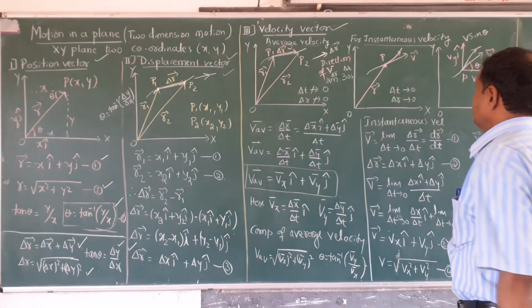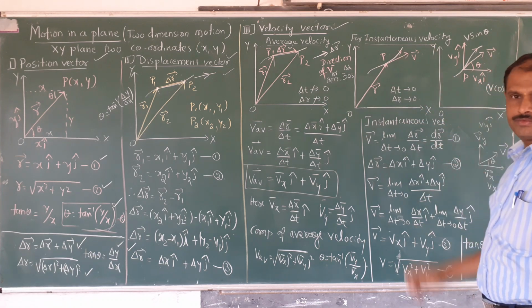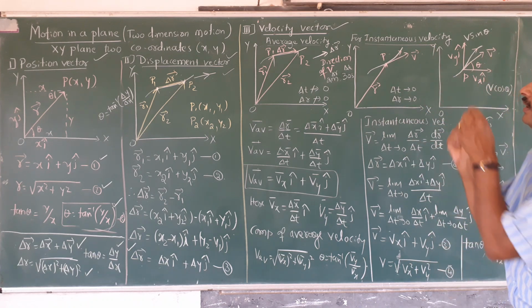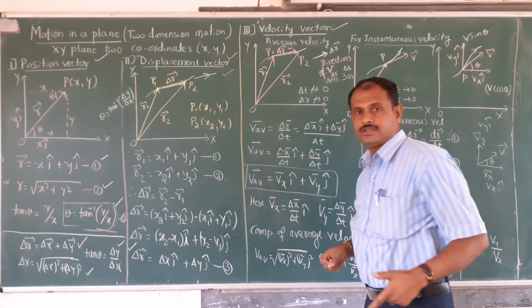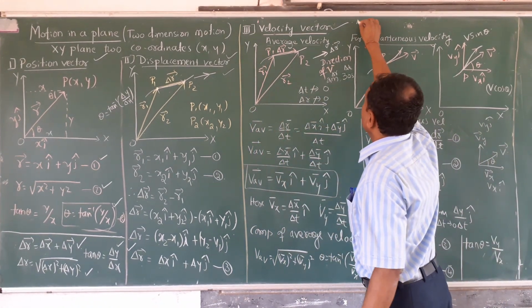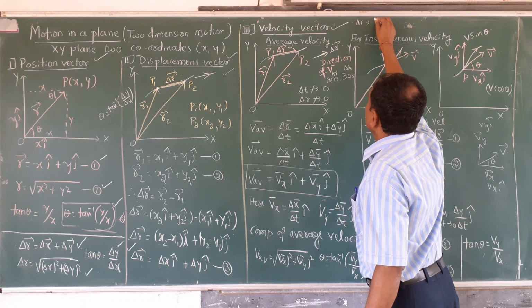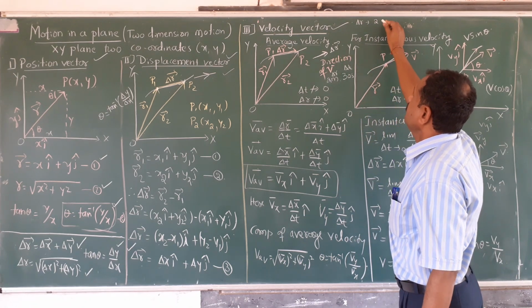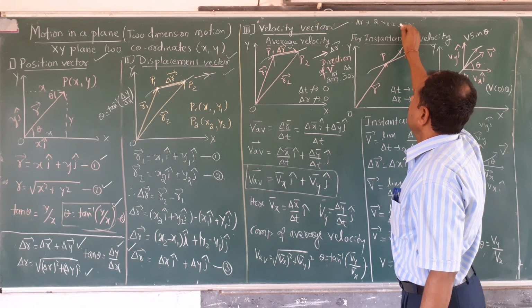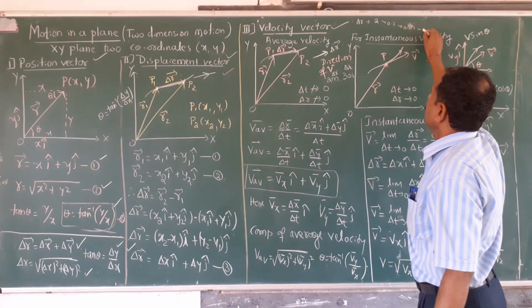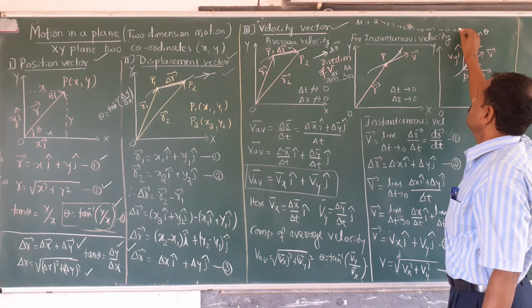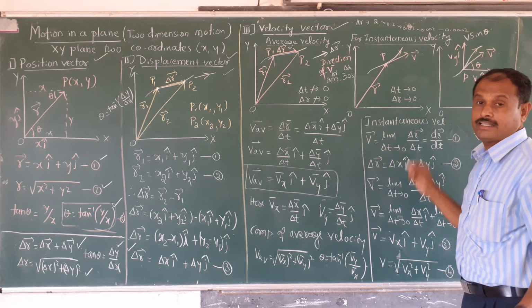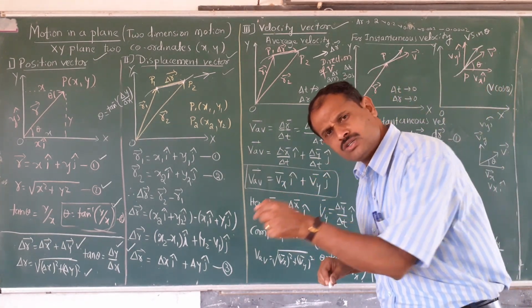Now, instantaneous velocity. When you get the instantaneous velocity, Δr tends to 0. Tends to 0 means, for example, 2 becomes 0.2, 0.02, 0.002, 0.00002, like this. Not equal to 0 but tends to 0.